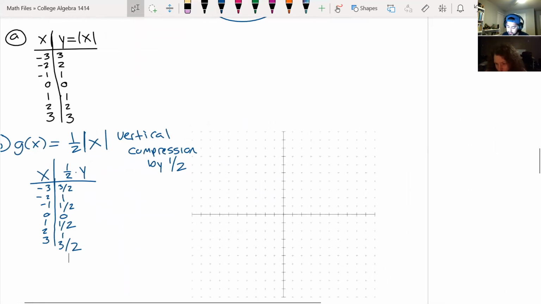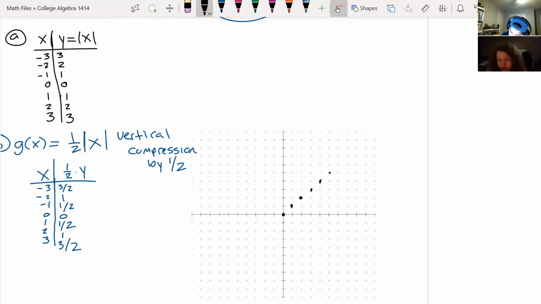And again, let's go ahead and graph what we have. So for the absolute value function, 0, 0, 1, 1, 2, 2, 3, 3. It'll keep going up that way. And then -1, 1, -2, 2, -3, 3. And our absolute value would look like this.